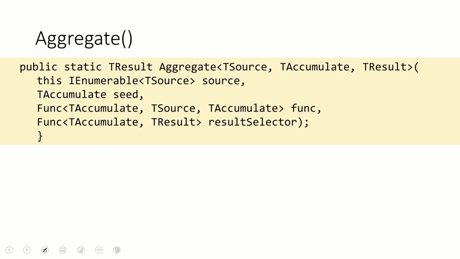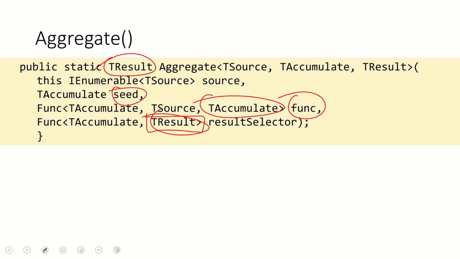Another one is called get TResult, which returns a TResult. You have a seed, and you have the same function which returns accumulate. The only difference is that we will do something with the accumulate result.